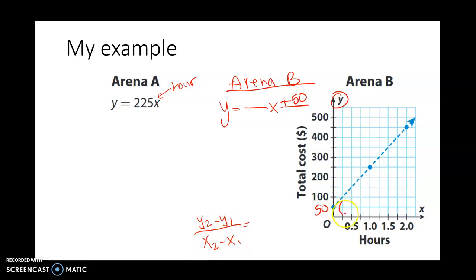So this ordered pair is (0, 50), and this one up here is (1, 250).